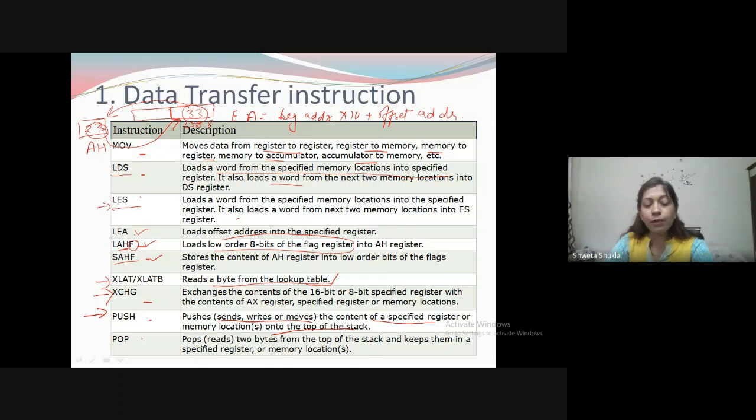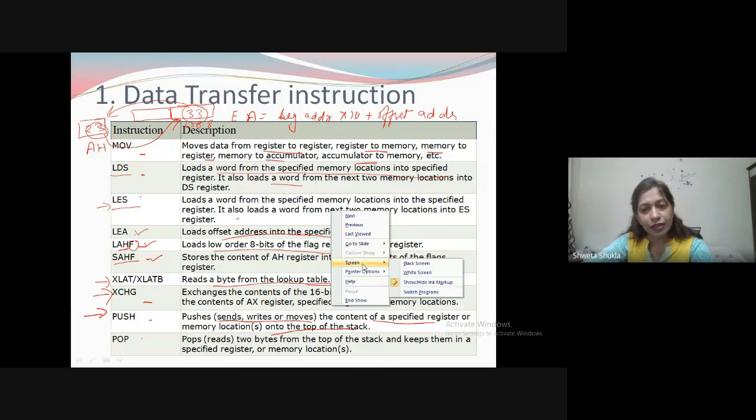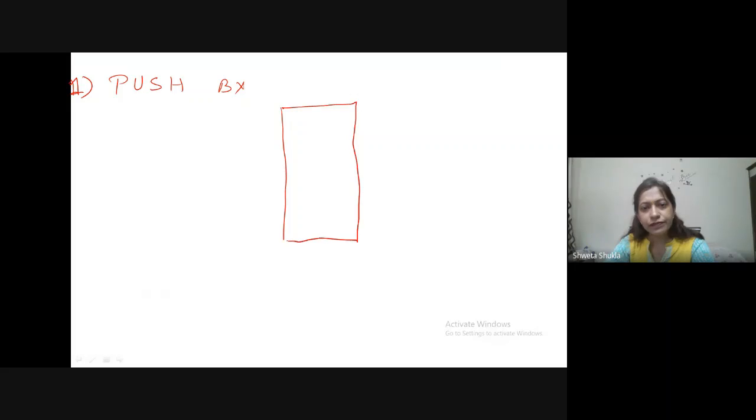Okay, so how does a push instruction work? Suppose you have written push BX. That means you have this particular stack memory, and it is given some particular locations in the segment registers.